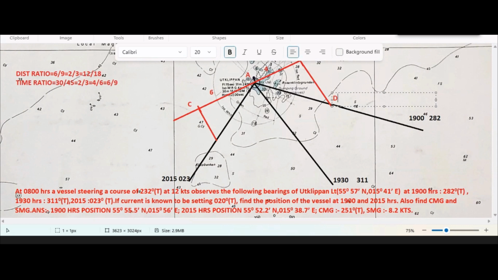So on the right hand side of A the distance should be less and the other one more. The ratio you can take anything: time ratio, distance ratio, 2/3, anything. But this side should be less because the time is less on this side. This side is half an hour and the left side is 45 minutes.